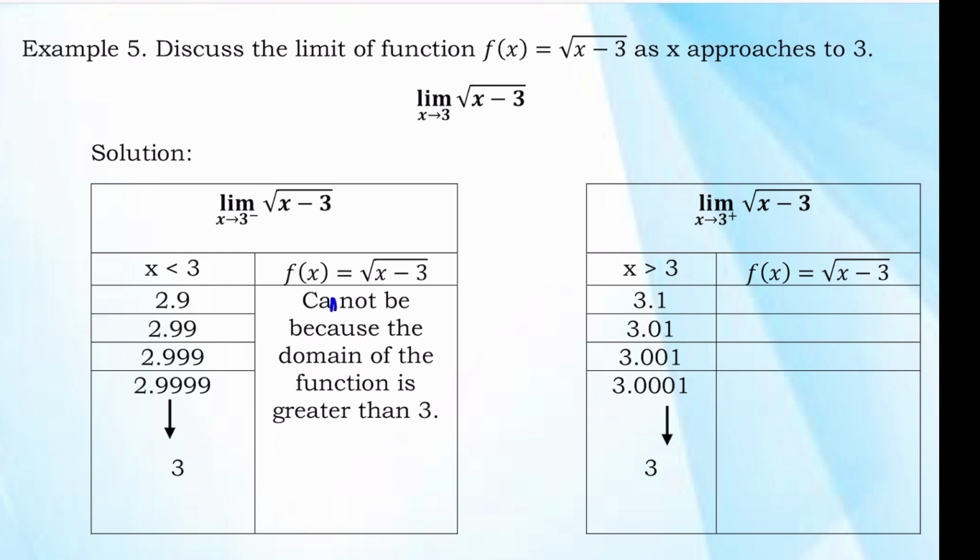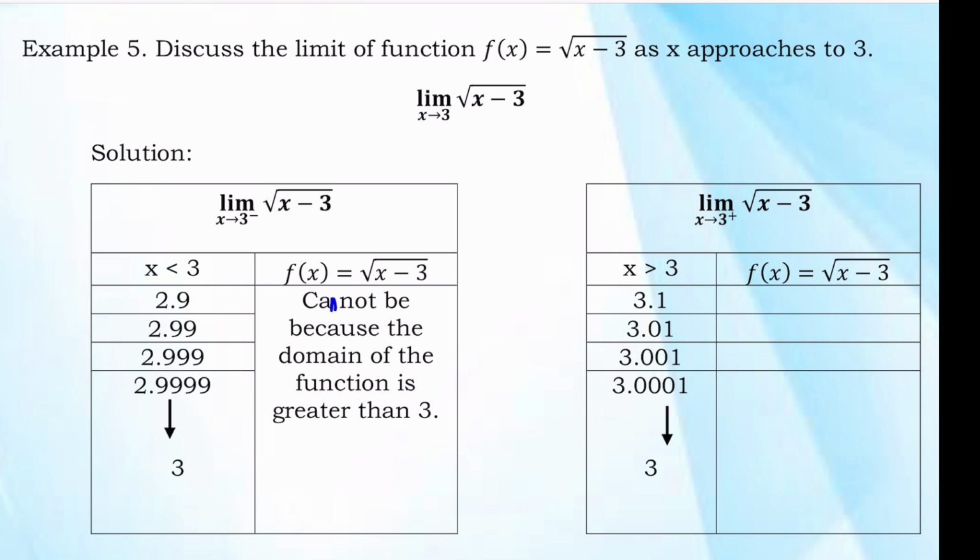We cannot find the value of the function using these values because the domain of the function is x greater than or equal to 3. This is a radical function. The domain of the function must be greater than or equal to 3.